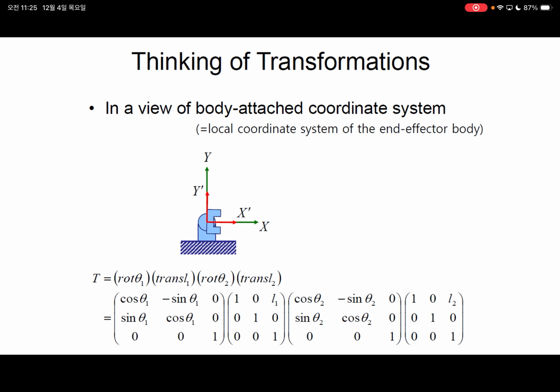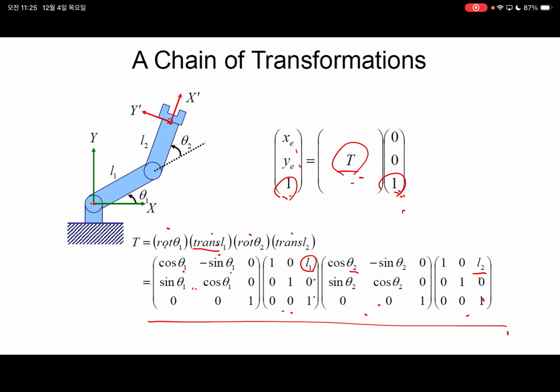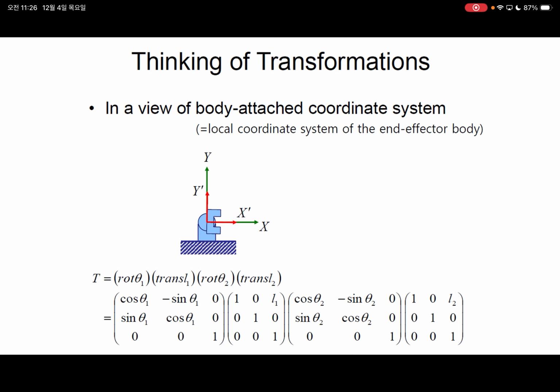And there can be 2 perspectives to interpret this equation. The first one is body attached coordinate system. For each joint, there are axes, right? The green one, red one. We have a coordinate axis for each joint, so that in a body attached coordinate system, which is equivalent to the local coordinate system of the end effector body.